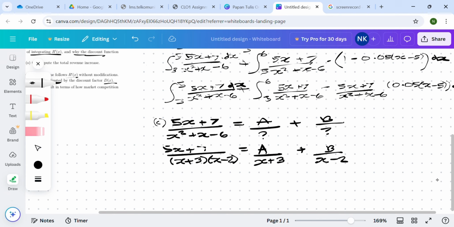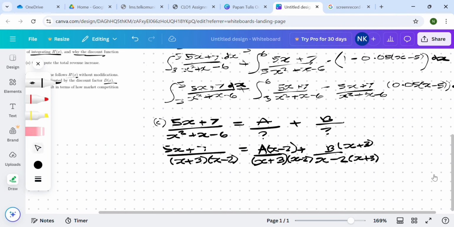Now, because we have to equalize the denominator to (x + 3)(x - 2), we multiply this denominator by x - 2 and this one by x + 3. But we can't just do this, because we also need to multiply the numerator by the same value. So A should be multiplied by x - 2 and B by x + 3, because (x + 3)/(x + 3) = 1 and (x - 2)/(x - 2) = 1. We basically multiplied this part by 1.